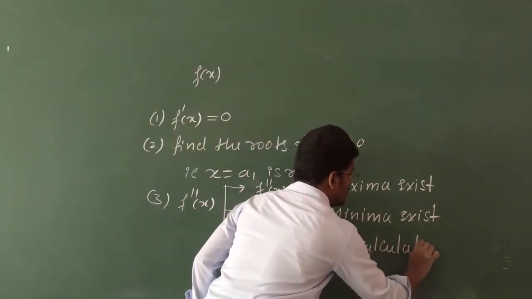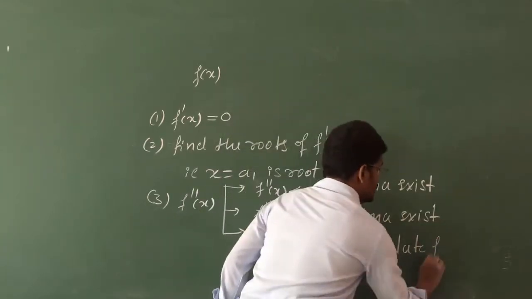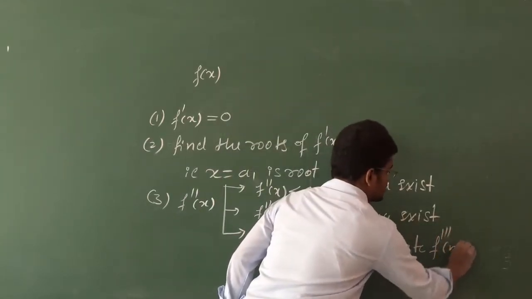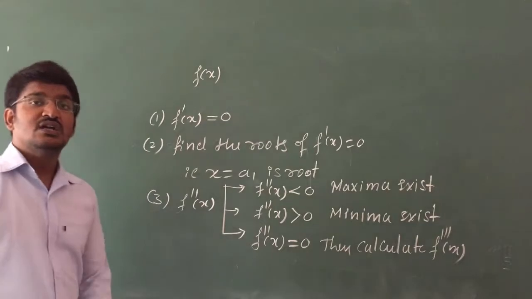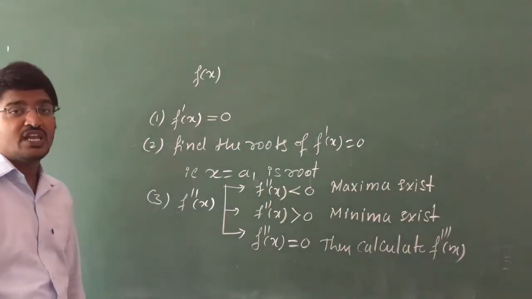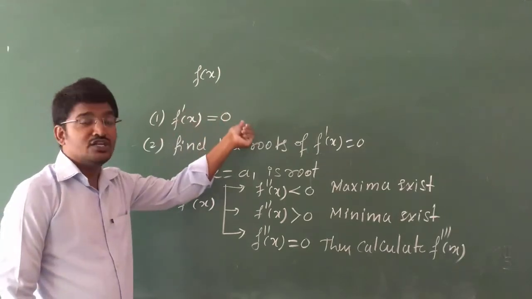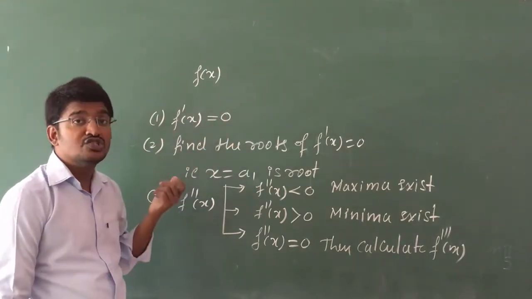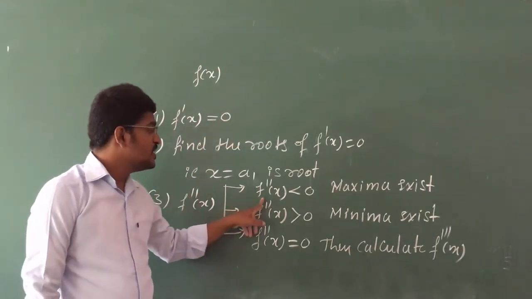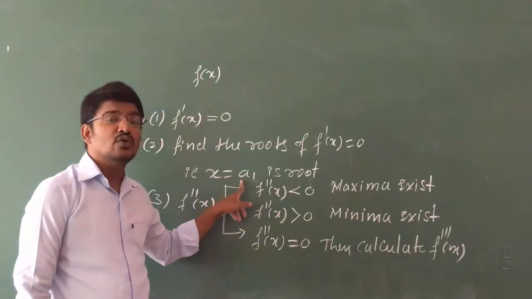f triple dash of x. Are you getting my point? First you have to calculate f dash of x, equate it to 0. Find the roots. Calculate f double dash of x at x equal to a1.